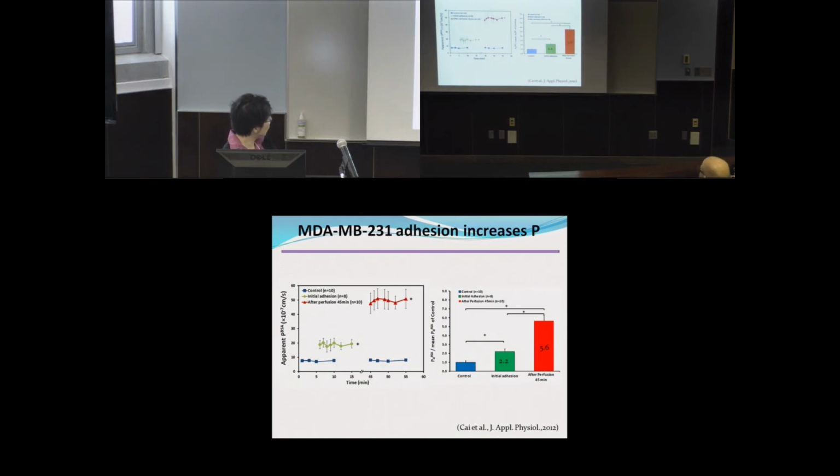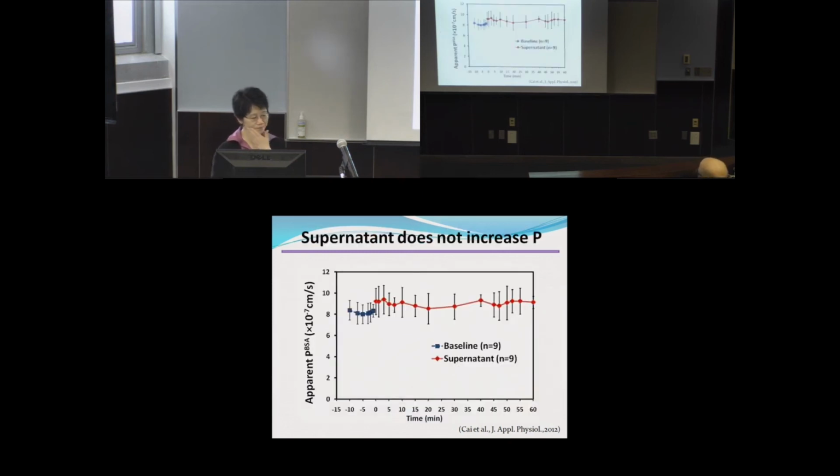So in the control, initial adhesion increased it by 2.2-fold, and after 45-minute perfusion, we got a 5.6-fold increase. So why do I want to have this data?